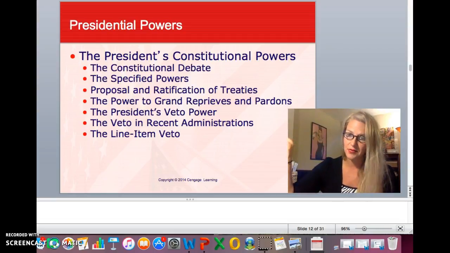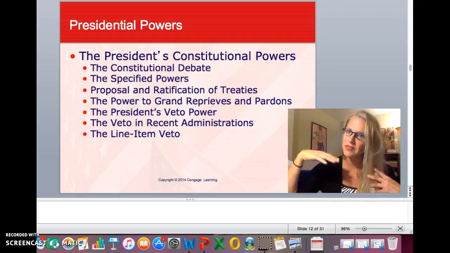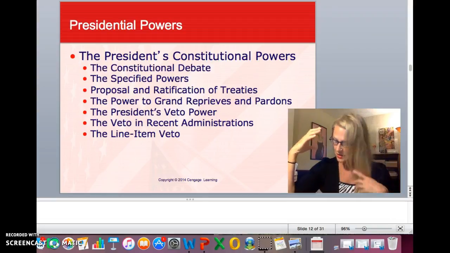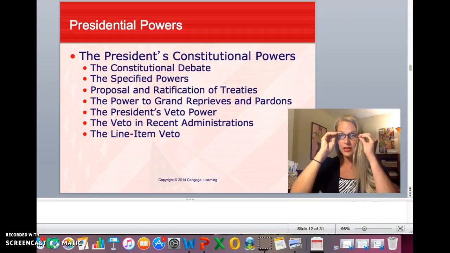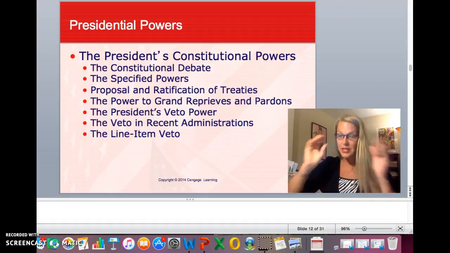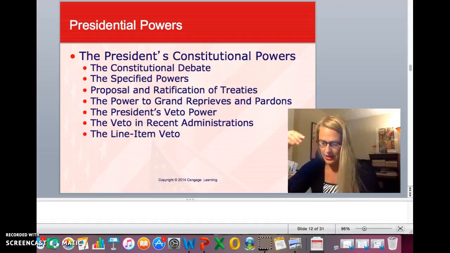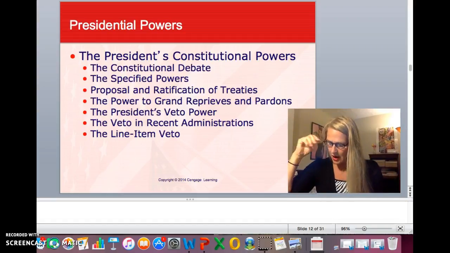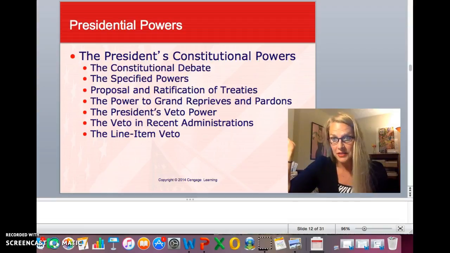FDR, who I have to say, I love him. He was a little bit feisty there at the end of his presidency. And of course, then he died in office. But he was an amazing president, and absolutely wonderful to study. But it says here that he vetoed 263 pocket vetoes and 372 regular vetoes.